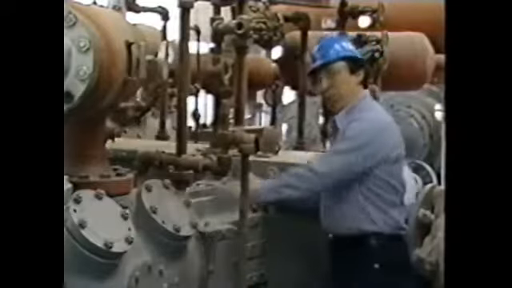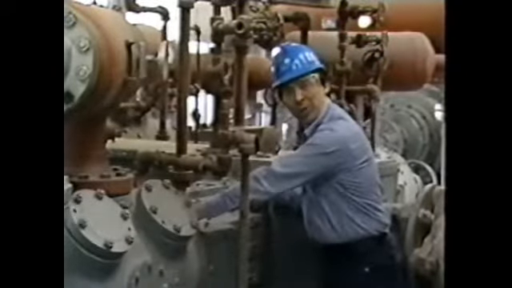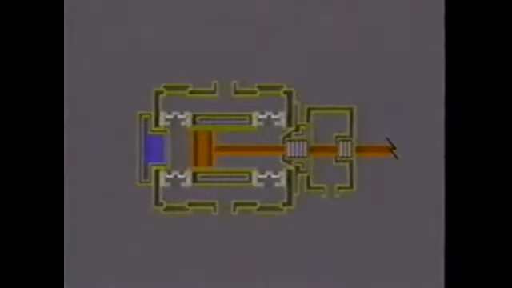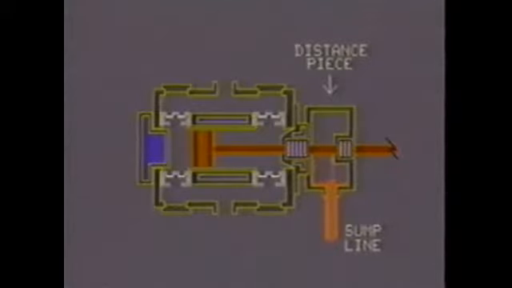Wiper or scraper rings perform this function. Scraper rings located on the crank end of the cylinder remove compression unit lubricants from the piston rod. The wiper rings on the crank end of the distance piece remove the drive unit lubricants from the piston rod. Both waste lubricants then collect in the distance piece and drain to a sump line.